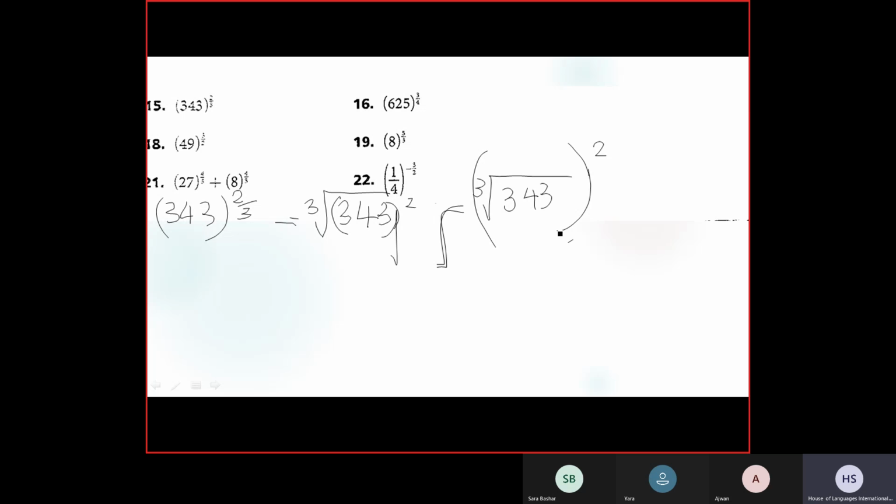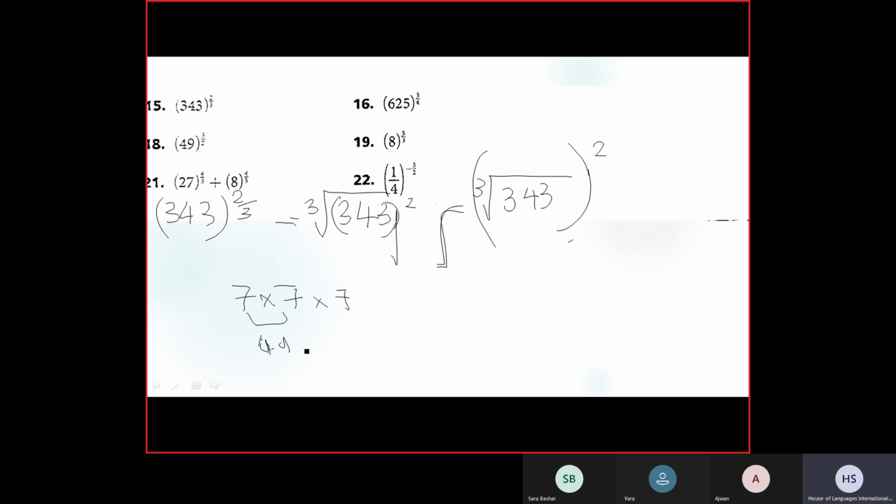Now, what is the number that you multiply 3 times to get 343? Think about it. Let's try number 7 as I mentioned. 7 times 7 times 7. 7 times 7 is 49.